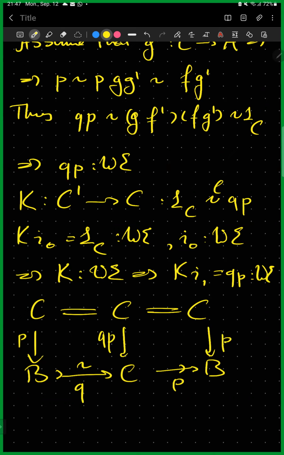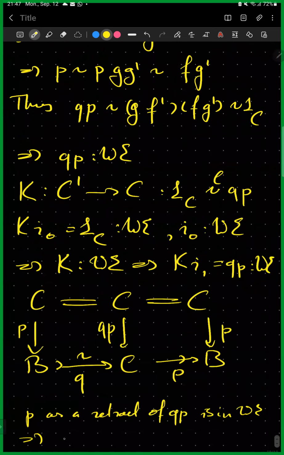It remains to observe that weak equivalences are closed under retracts, which means that E is a weak equivalence. Thus, we have shown that homotopy equivalences between fibrant and cofibrant objects are precisely weak equivalences.